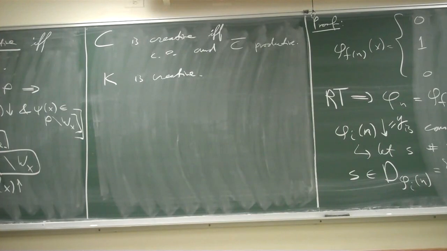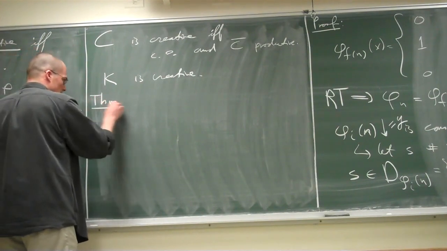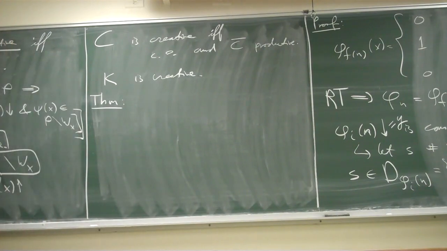Might be able to prove this next theorem in the remaining 5 minutes. It falls apart in 2 nice parts anyway, so I can at least do one of them. So a set being productive means it has this productive function, but a priori the productive function can of course be pretty bad.